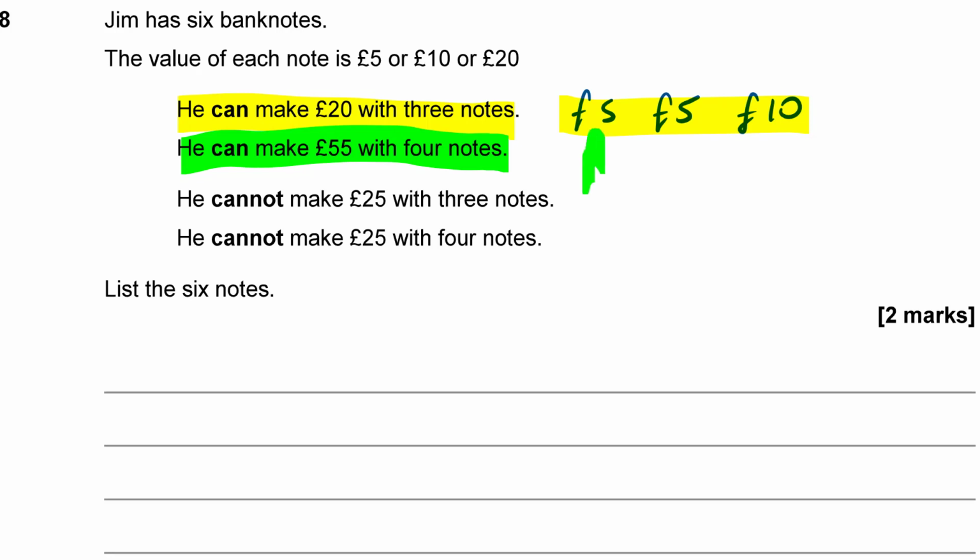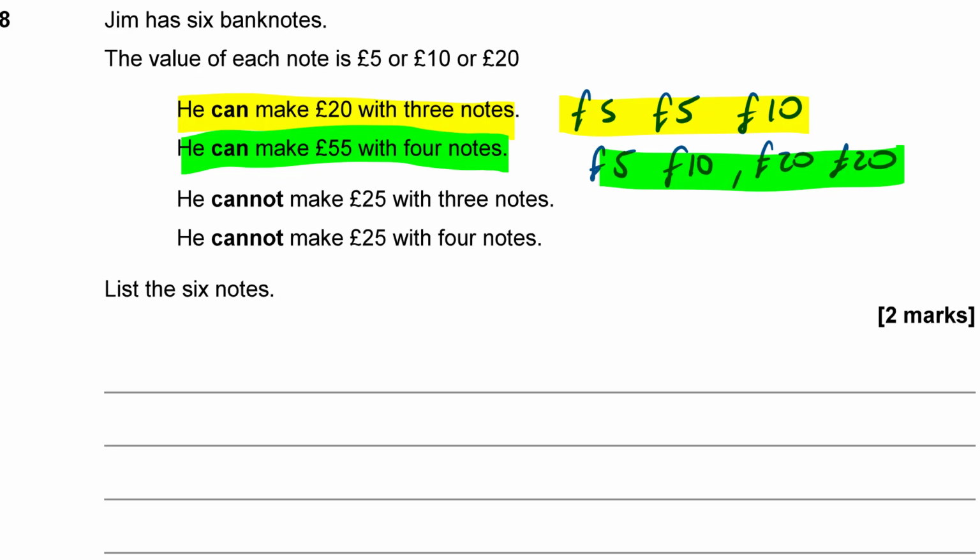So I can use a £5, a £10, a £20, and a £20. Is there any other way of doing it with 4 notes? I don't think there is. I think that's the only way of doing it. So that combination must be possible.